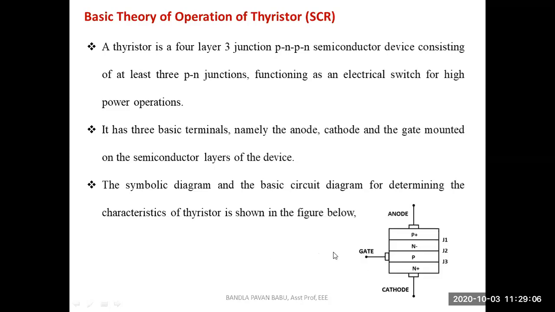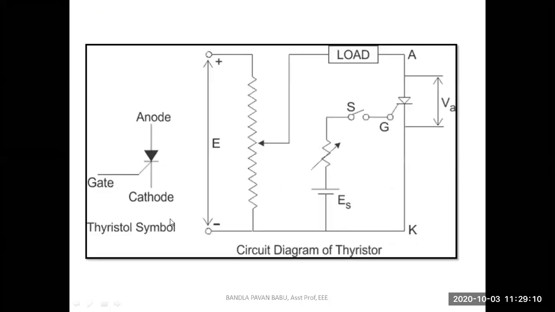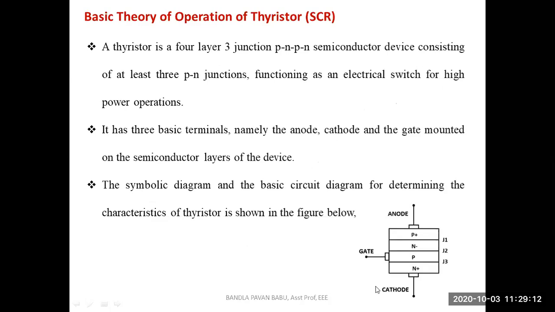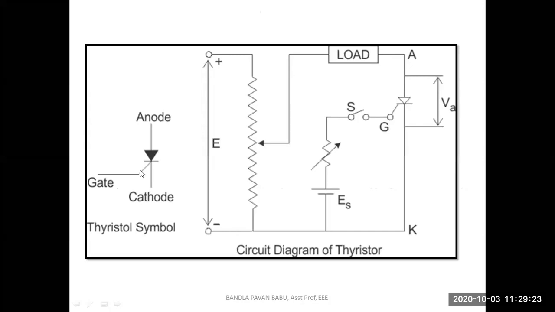The symbolic diagram and the basic circuit diagram are further discussed. Here is a symbol; in order to analyze the junctions and the layers, this symbol is preferred. The actual thyristor symbol has anode, cathode, and gate.